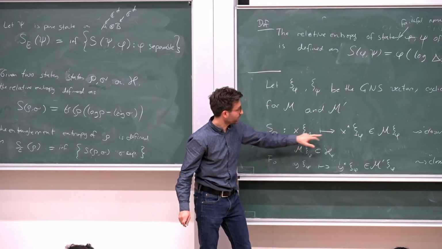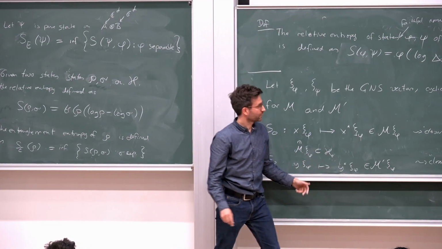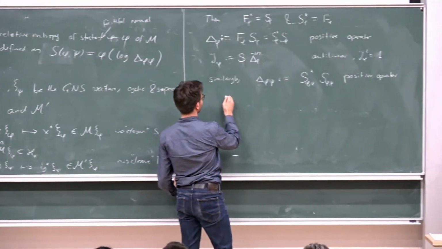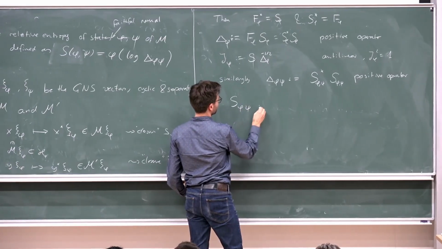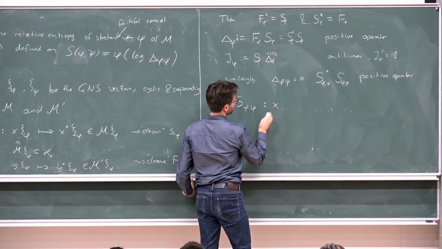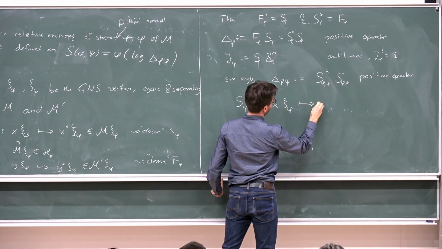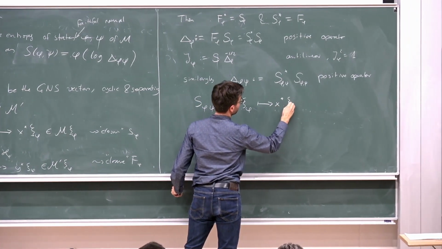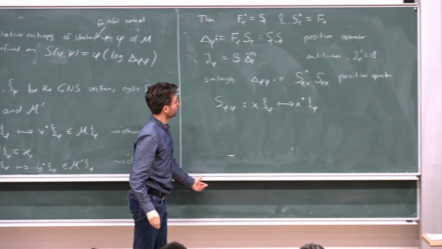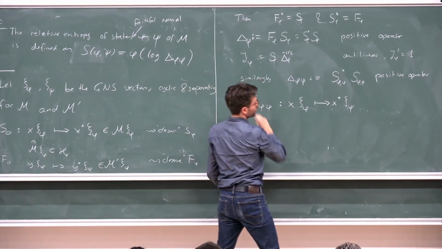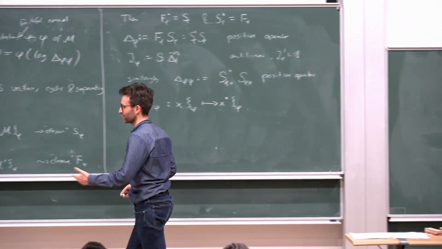No, here we have phi and here we have psi. Oh, sorry, shall I write it down? Okay, so S phi psi we define as the closure of this map x star psi psi.